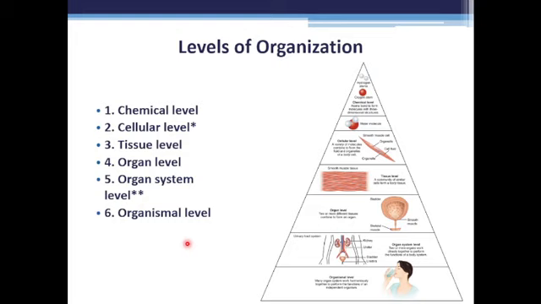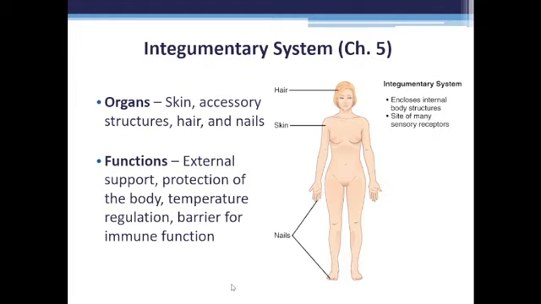So first we have the integumentary system. We're going to talk about this in chapter 5. So for the integumentary system, we have the basic parts: the hair, the skin, the nails. Those are the basic parts that can be seen on our body.